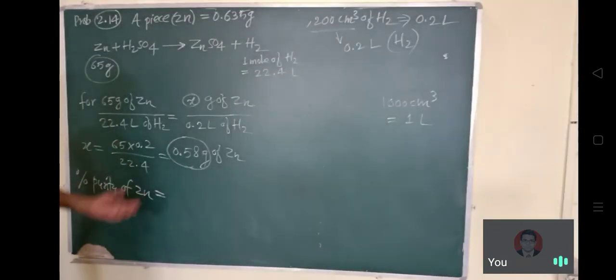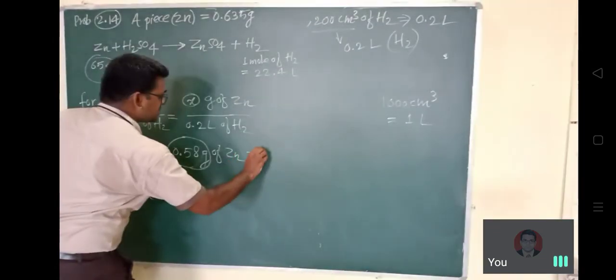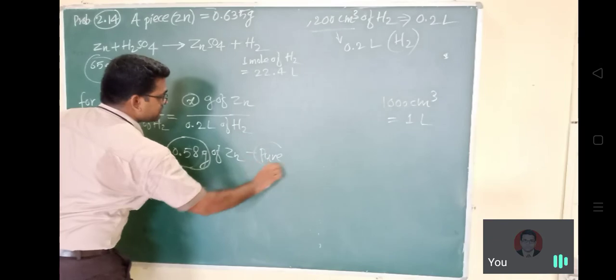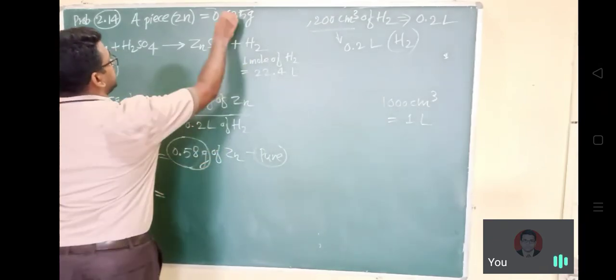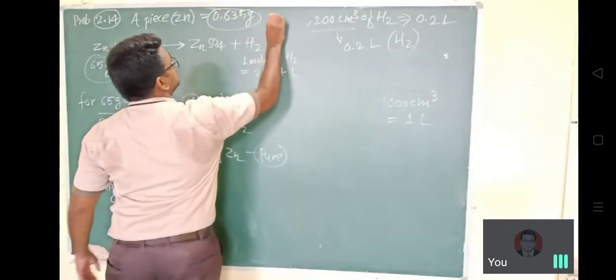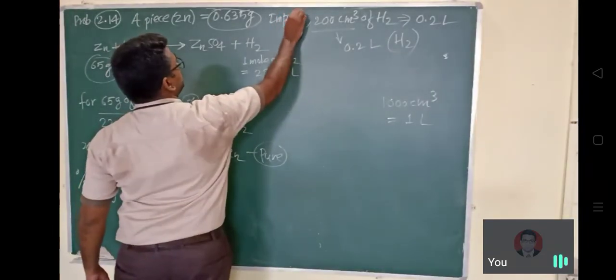Which one is pure and which one is impure? This one, 0.58, is the pure form. After adding some impurity, it has become this much quantity. So this is the impure form of the zinc.